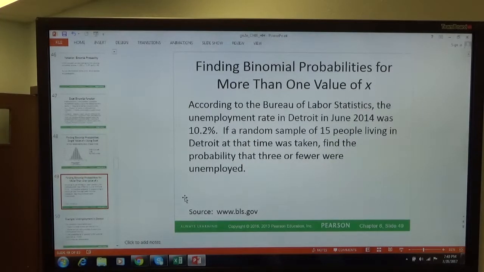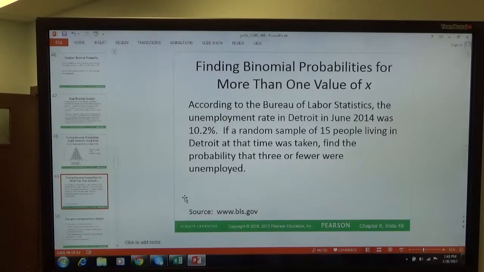One more question here. So that's the probability, 10.2%. In other words, for each randomly selected person, the chance of being unemployed is 10.2%. So you randomly select 15 people.